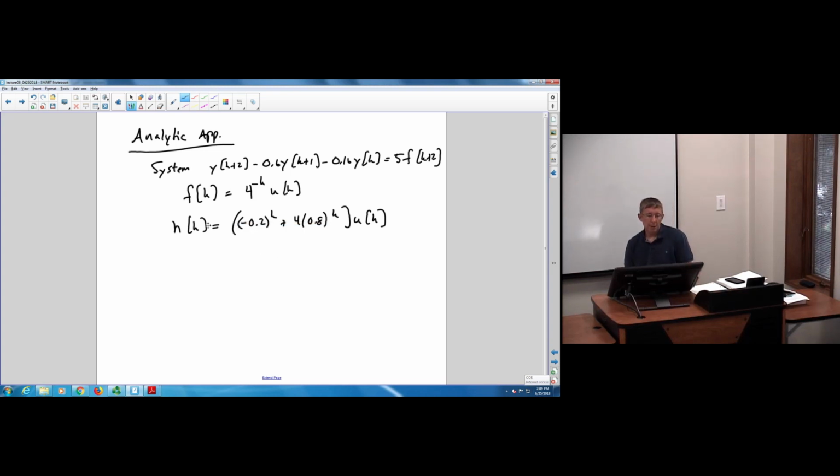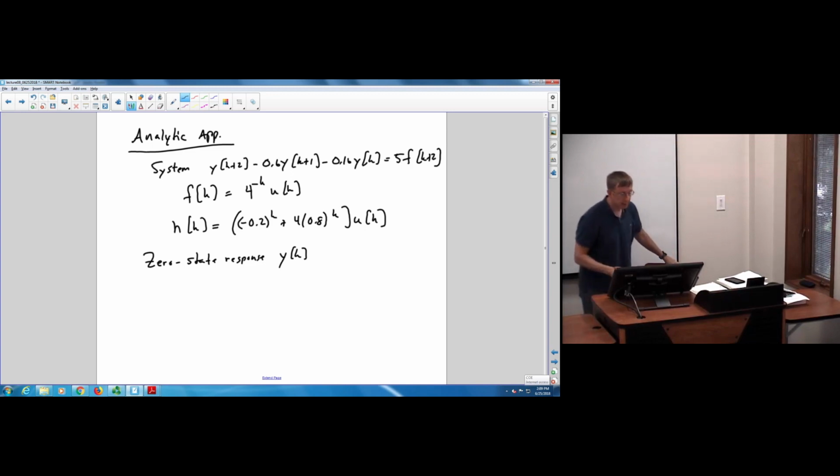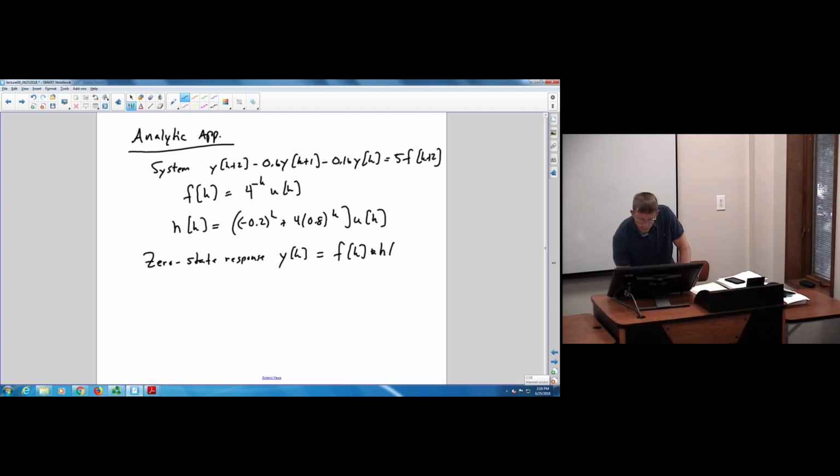So here's the impulse response of the system. Here's the input. What you're asked to find is the zero state response. We call it y. This is the output of the system when the system is at rest and you put some signal in, zero state response. We know what that means. That means it's given by the convolution of the input with the impulse response.